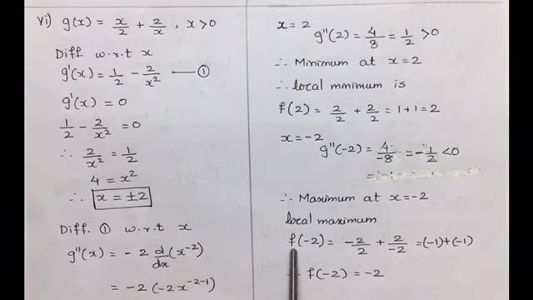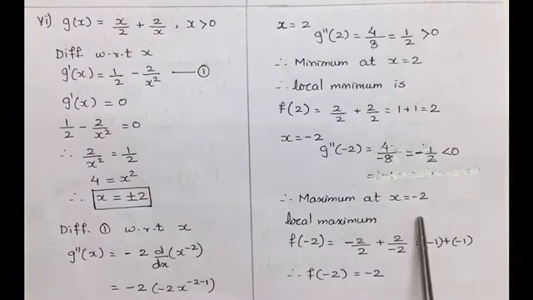Instead of f, g is to be written here. g of minus 2 is minus 2 upon 2 plus 2 upon minus 2. That makes it minus 1 plus minus 1, so minus 1 makes it minus 2. The value is the local maximum at x equal to minus 2.